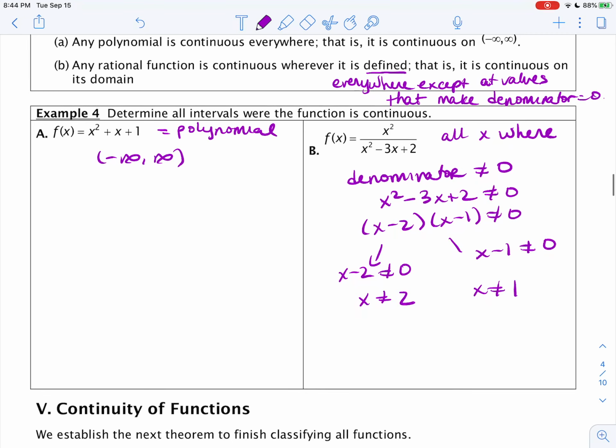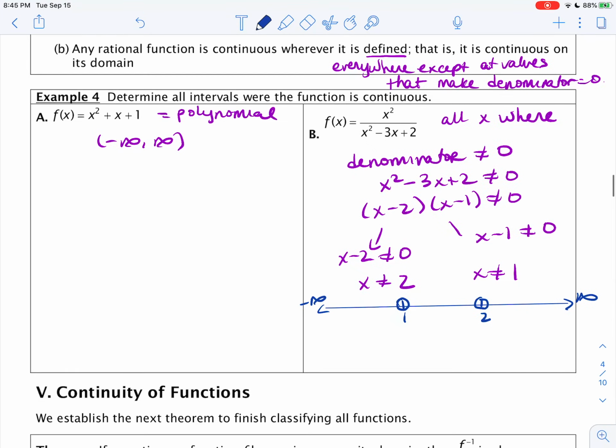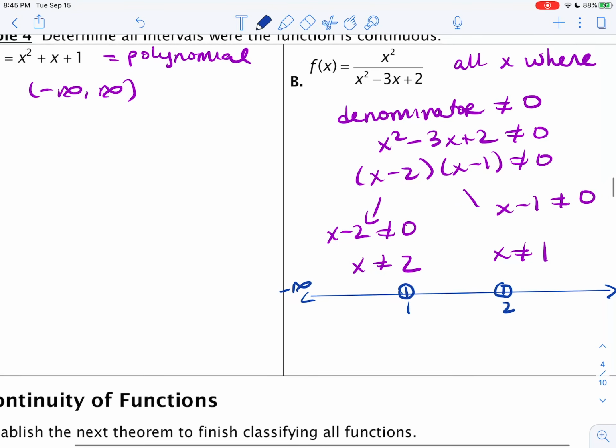If you're going to write the intervals, then again, we'll want to graph those points of discontinuity on your number line. And if I have 1 and I have 2, this is going to be an open hole. This is going to be an open hole. And so this interval in here is going to be minus infinity up to 1.